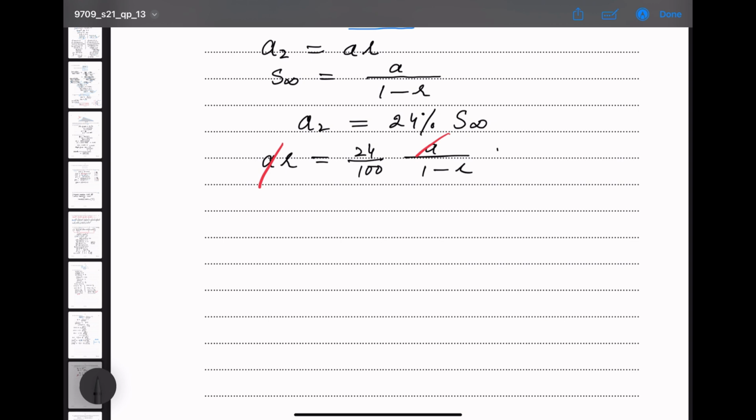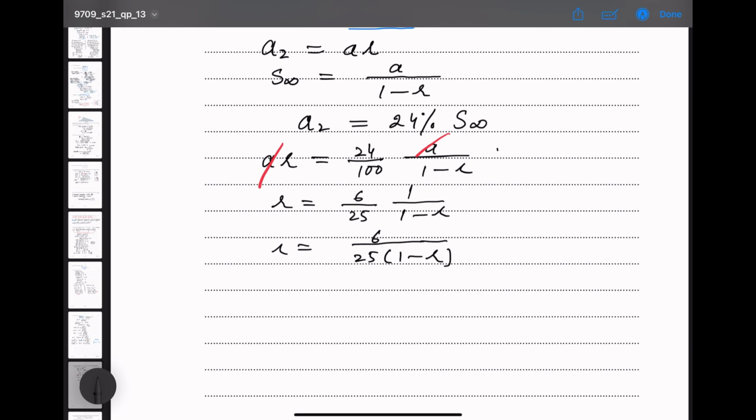After cancellation, 24 over 100 becomes 6 over 25. So we get R is equal to 6 over 25 into 1 over 1 minus R. So this becomes R is equal to 6 over 25 into 1 minus R.